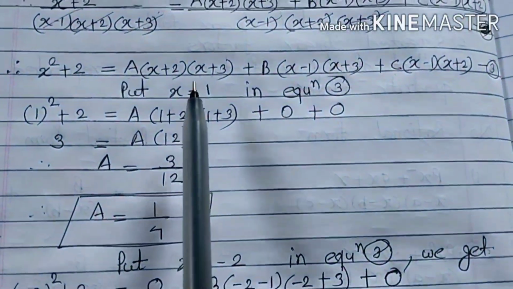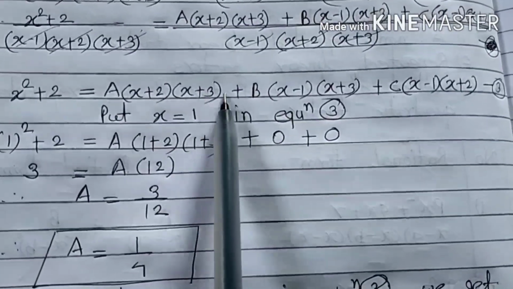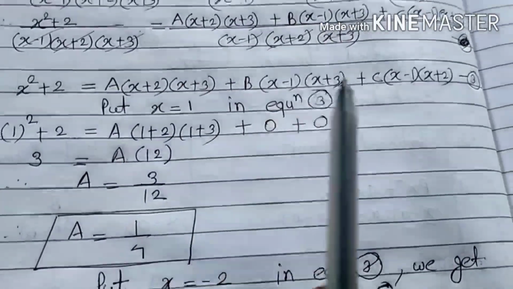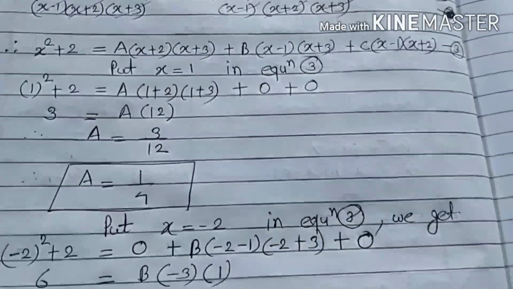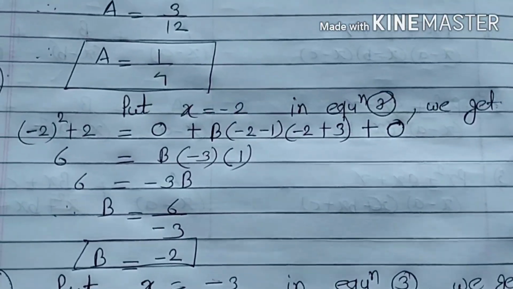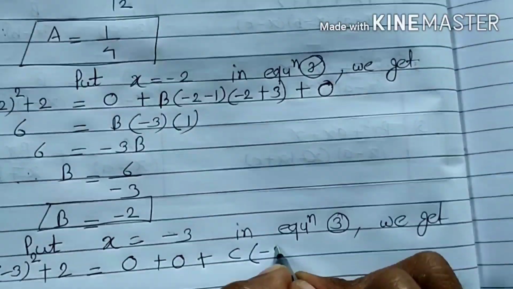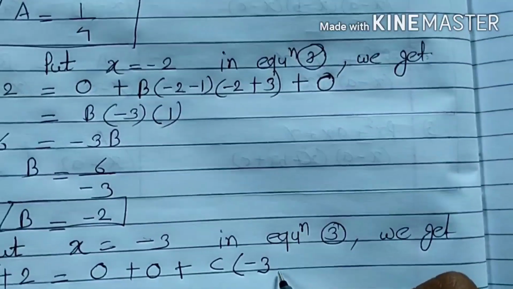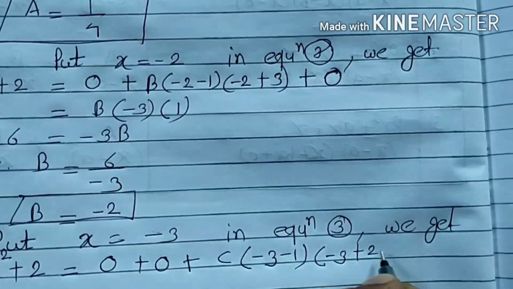Now if you put minus 3 in this equation, then minus 3 plus 3 will become 0. So it is 0. Here also minus 3 plus 3 becomes 0. So 0 means a and b terms are 0. So you can write here 0 plus 0 plus c into minus 3 minus 1, and this is minus 3 plus 2.